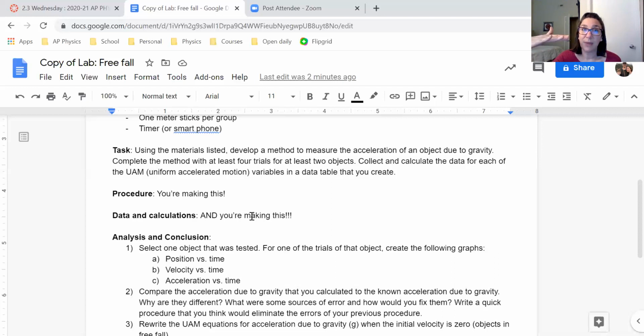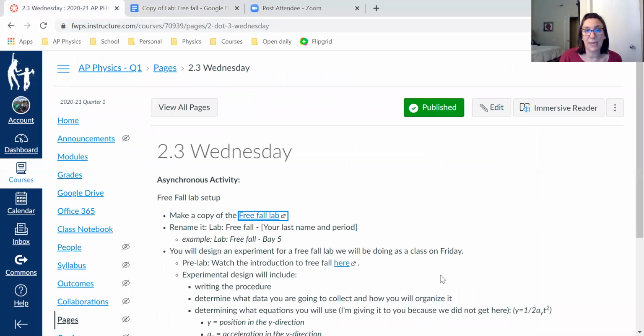So things we can measure are the amount of time it takes that object to fall, and we can also measure the distance that that object fell. So because we are looking at it in the y direction, that is going to be a y instead of x in our equation. So I have shown that here. Yeah, I did. Okay.